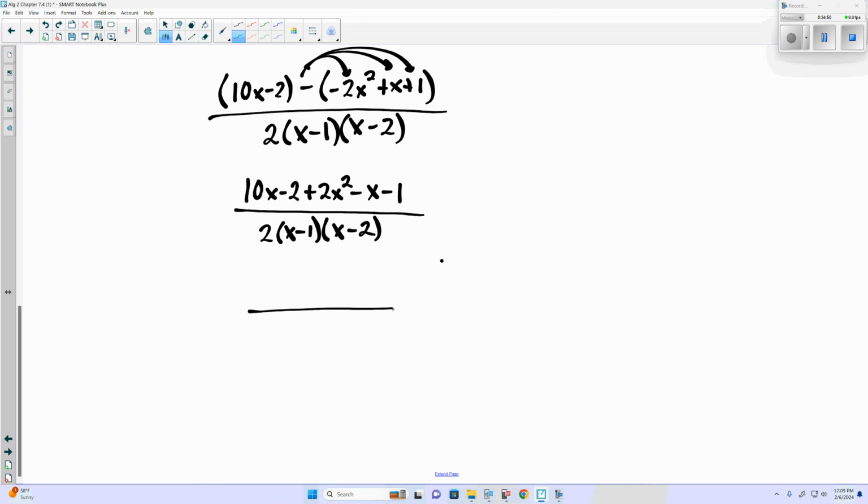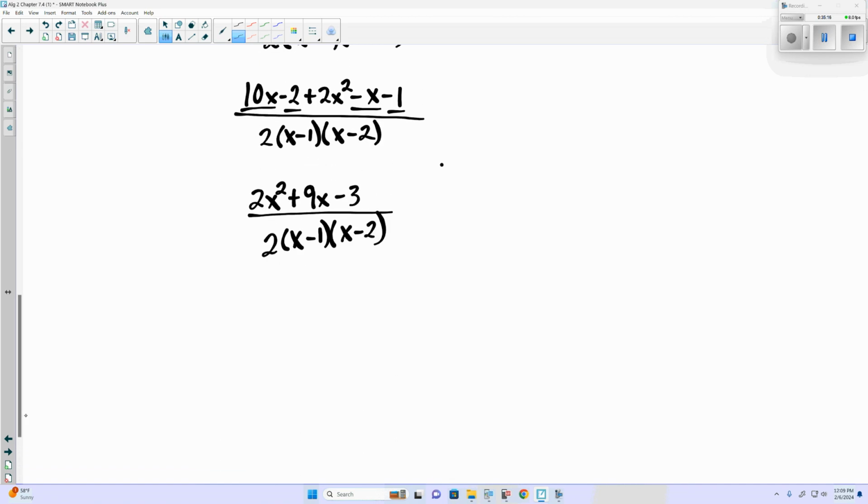Because once we do this, we can now combine our like terms. Our 2x squared does not have any like terms, so it stays 2x squared and we put it in front. 10x minus x is going to become plus 9x. And our negative 2 minus 1 is negative 3. And we get this here.